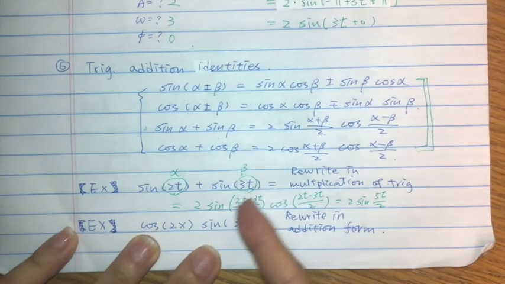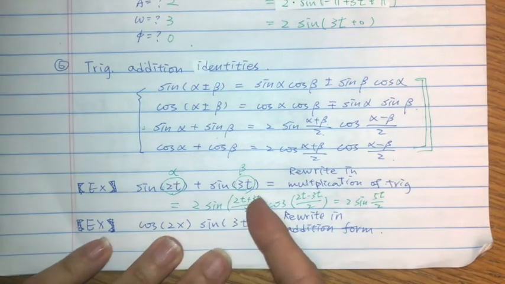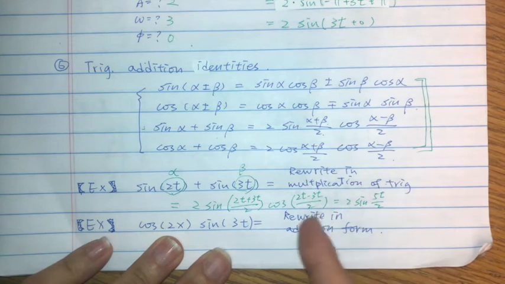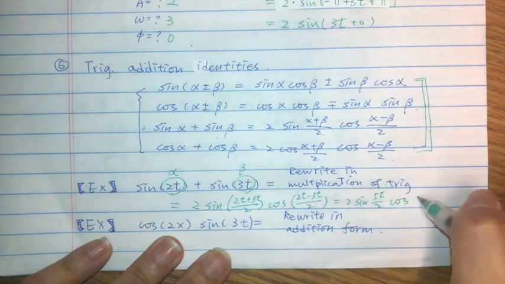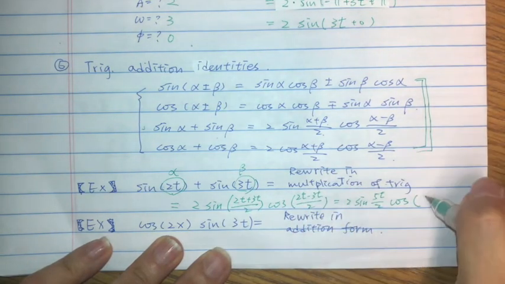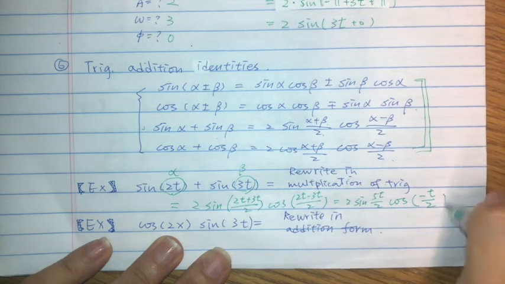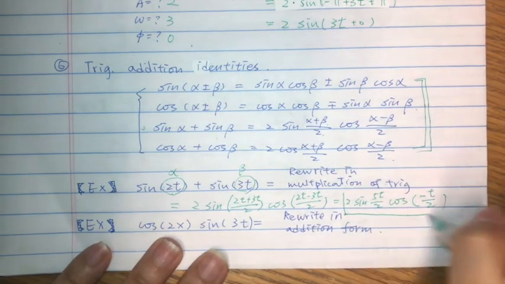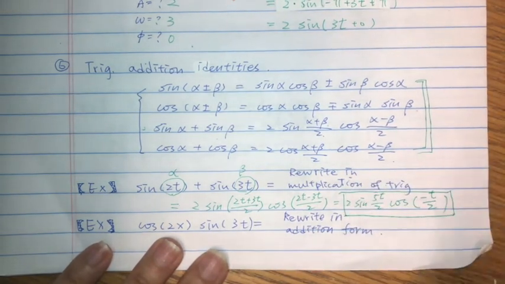Now I just want to organize it a little bit. 2t plus 3t is 5t. And 2t minus 3t is negative t, over 2. All right. So that's my answer.